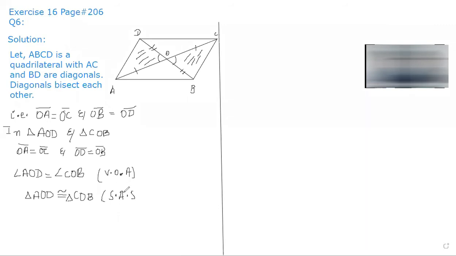So we use the SAS condition of congruency. So I will write here. Okay, so I select this one.